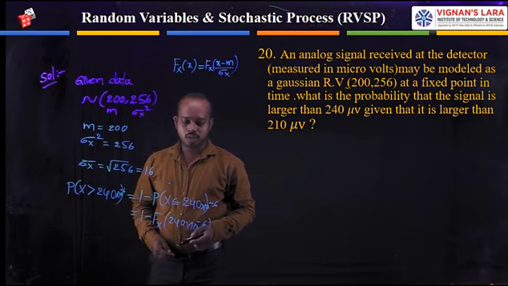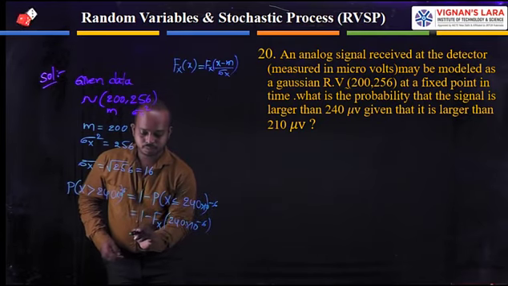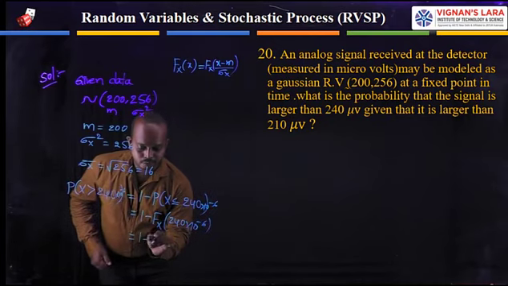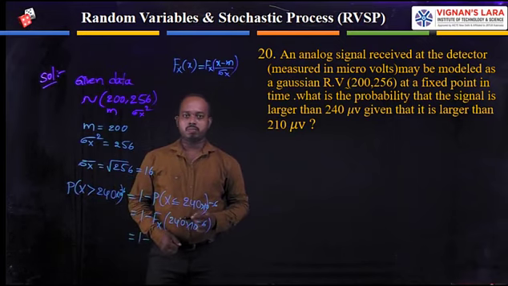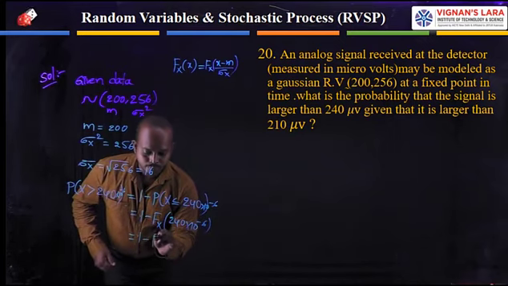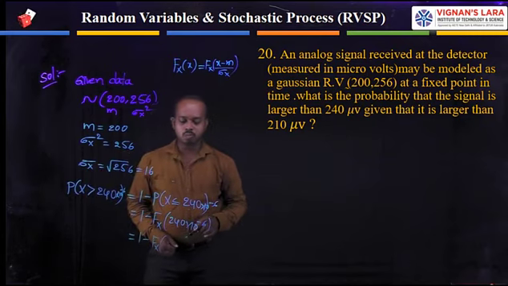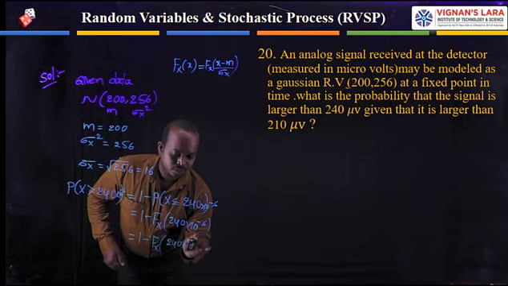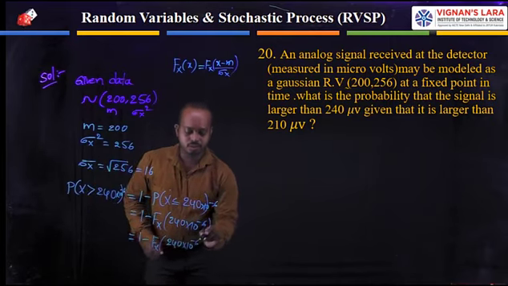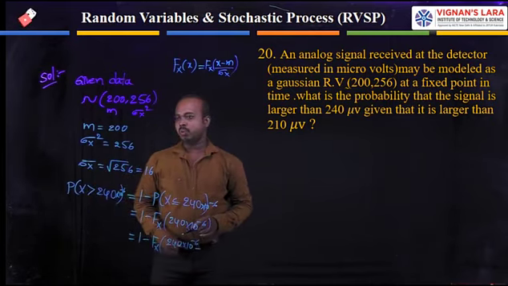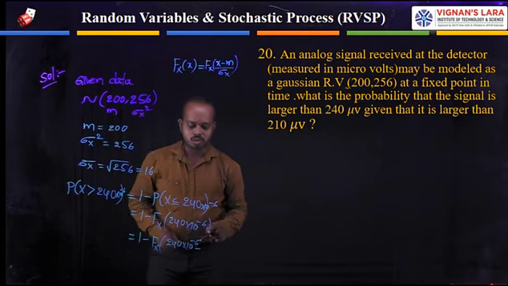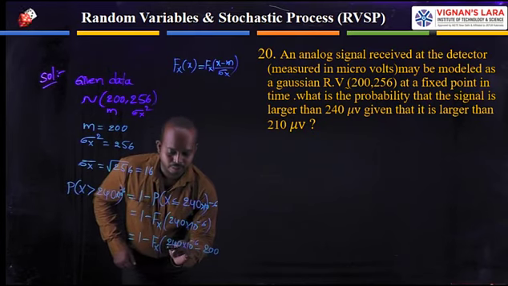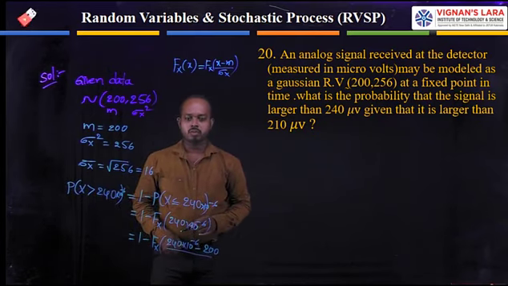Now I am writing these values in terms of the Gaussian distribution: F of small x, where x is 240 into 10 power minus 6, minus the mean value, which is 200, divided by sigma x.